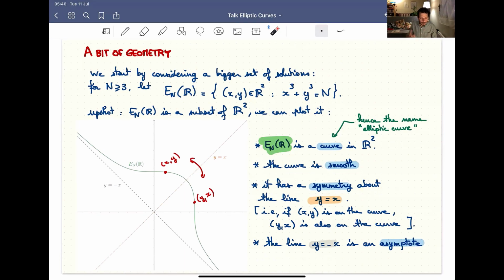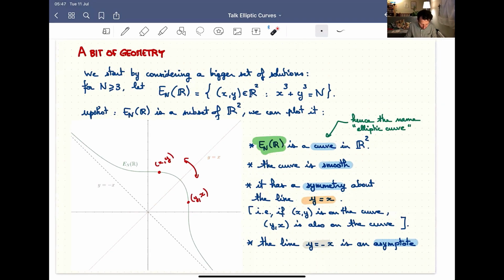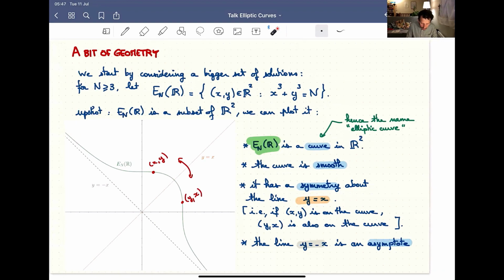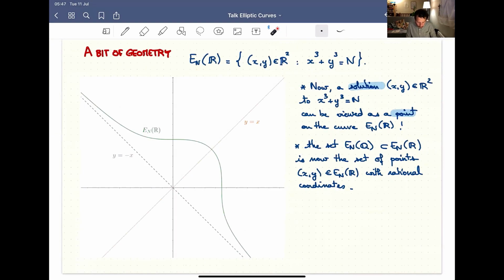So this is a basic set of geometric remarks about the curve we're looking at. We're going to use this in two ways. First of all, now we have a new language to describe our problems.